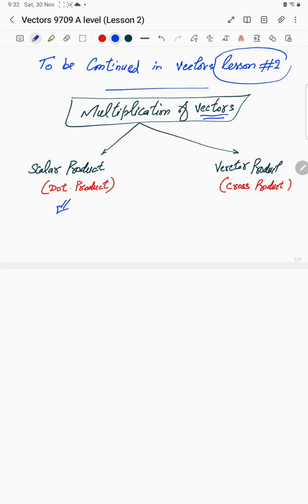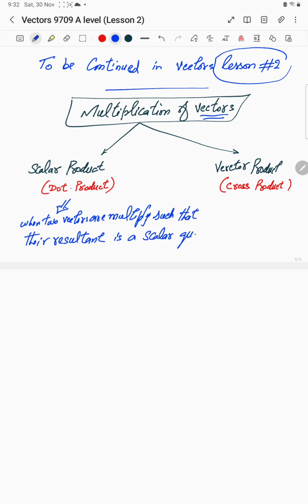So if you want the definition: when two vectors are multiplied such that their result or resultant is a scalar quantity, then such multiplication is called scalar multiplication, scalar product or multiplication.